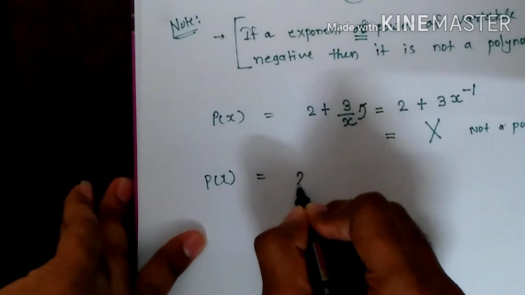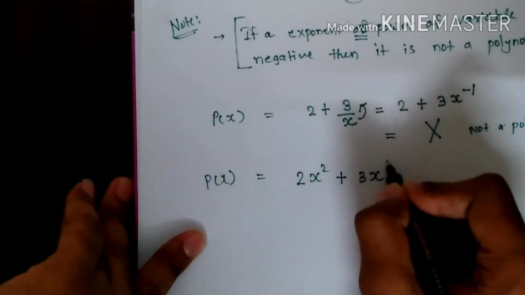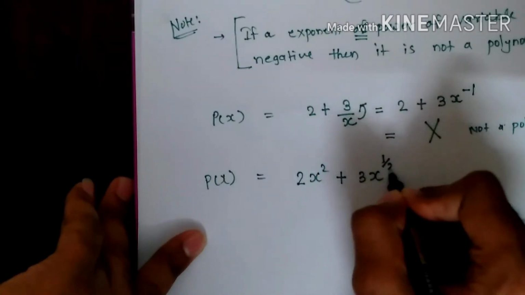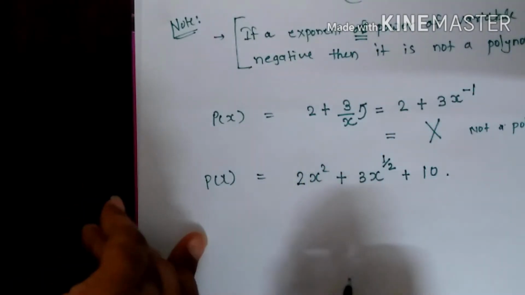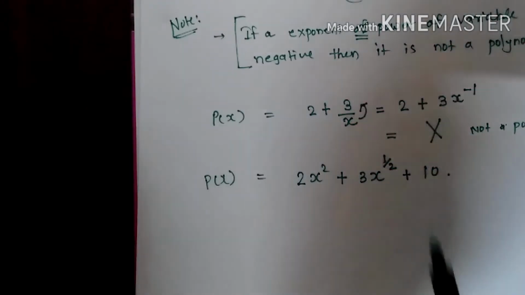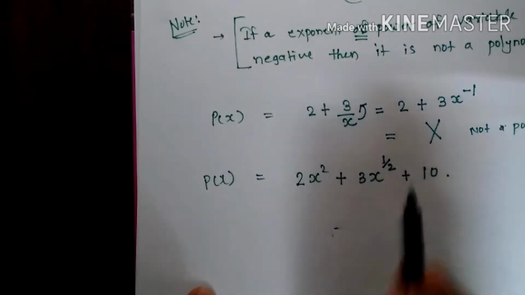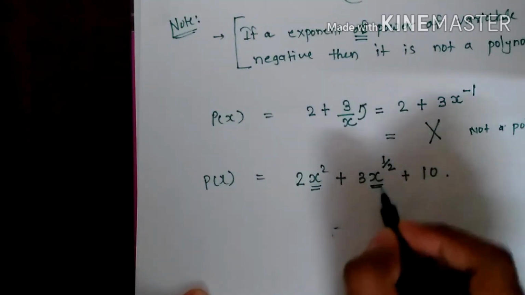One more example to explain in detail. If I ask 2x square plus 3x to the power half plus 10, is this a polynomial or not? You will see that all the powers of the variable are positive. Here the power is 2, here the power is half.